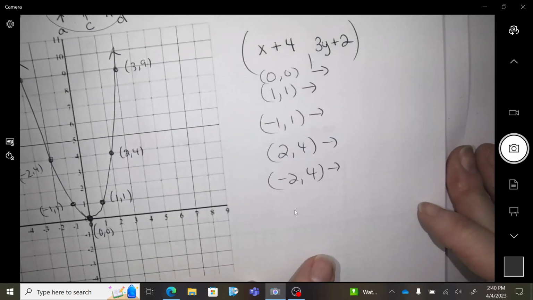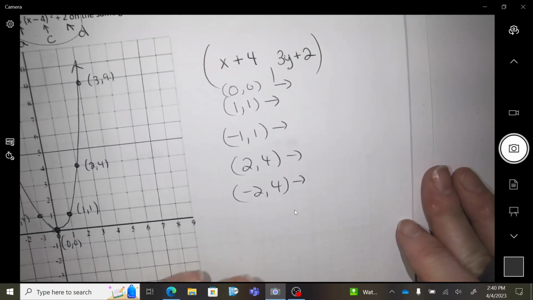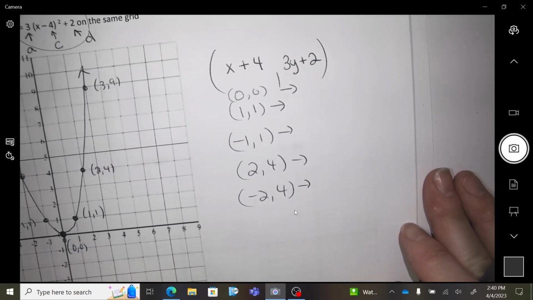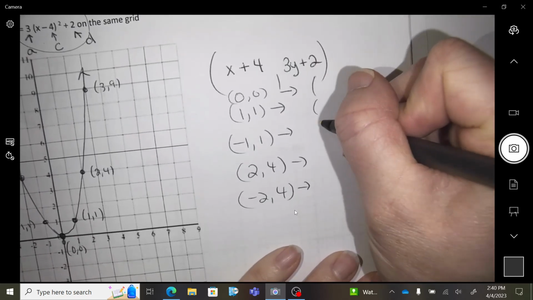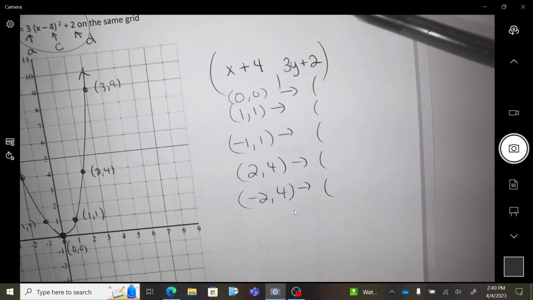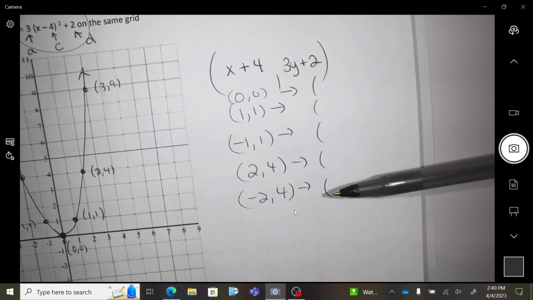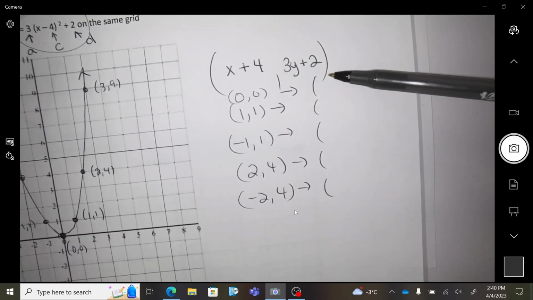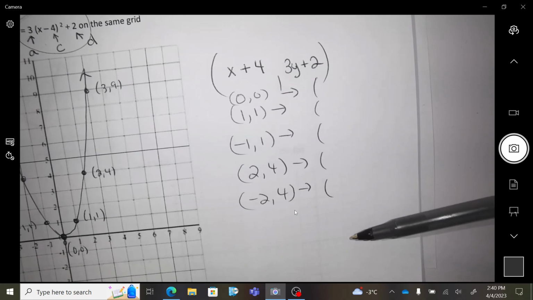Okay, I'm going to do a few points to see what it looks like. Can I give you a little bit of a hint here? To do things fast, I just go, what are all the new x's? And I run all the x's through. I don't do point by point.